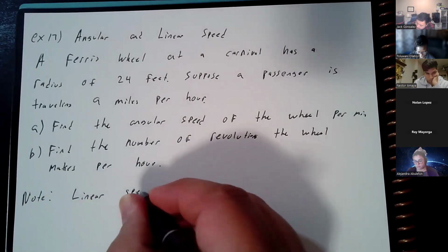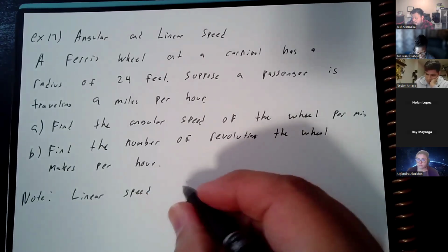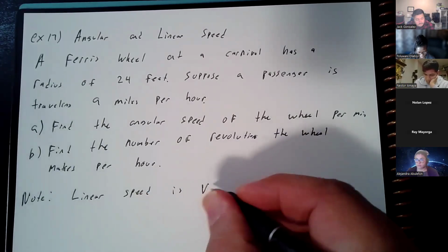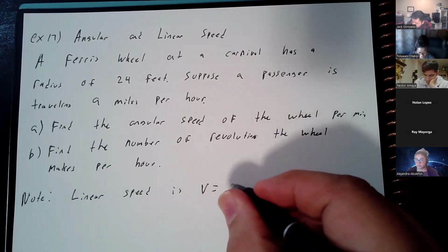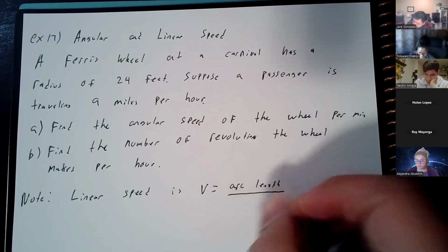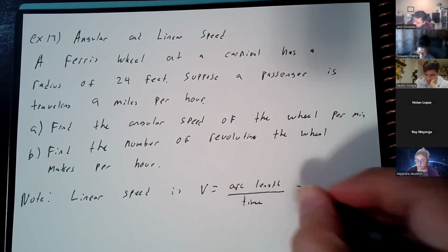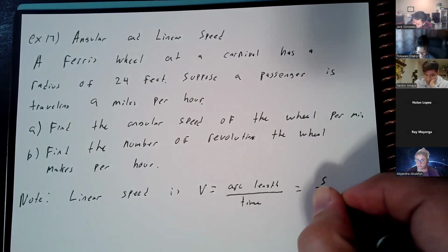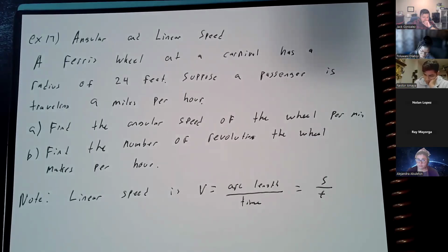Linear speed is V equal to arc length over time, which is equal to S over T. Because we said arc length was S, right? And S was R times theta. We might need that.